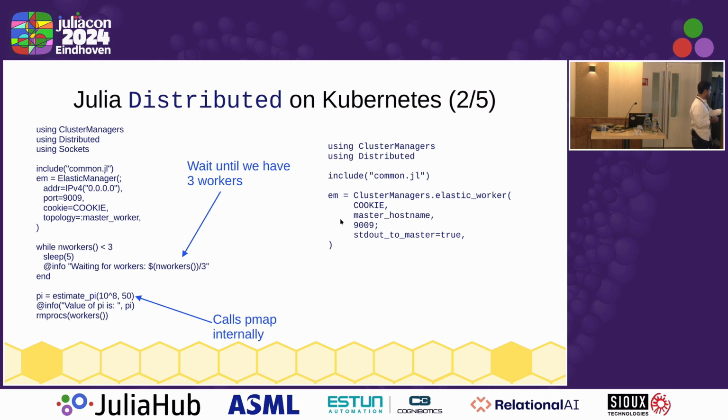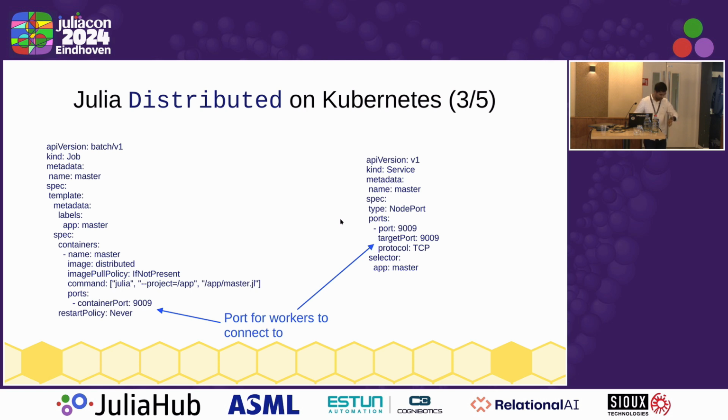And inside this estimate pi method, I have a pmap, and you can use all your distributed macros there as well, like @everywhere, @spawn, and that's going to send out the command to the workers to start working and return the result. So yeah, that's how you would use the distributed package.